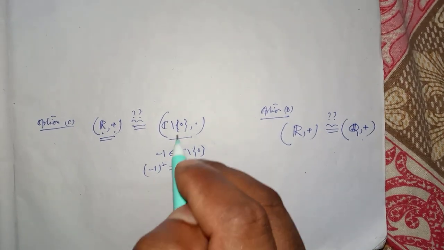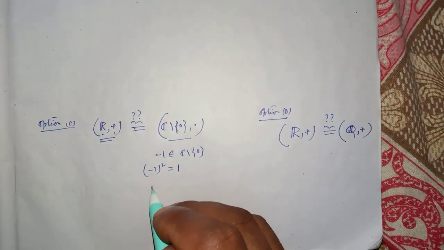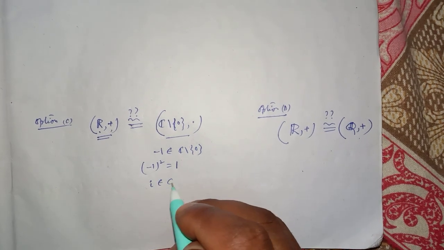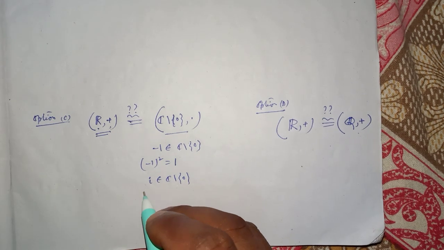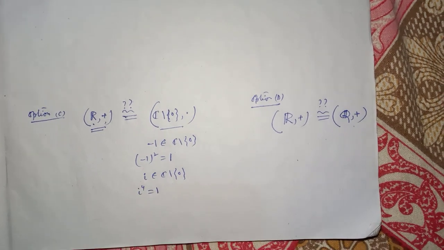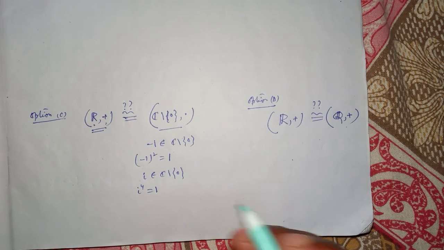And in this group one element i belongs to C minus 0, and the order of i is equal to 4 because i to the power 4 is equal to 1.